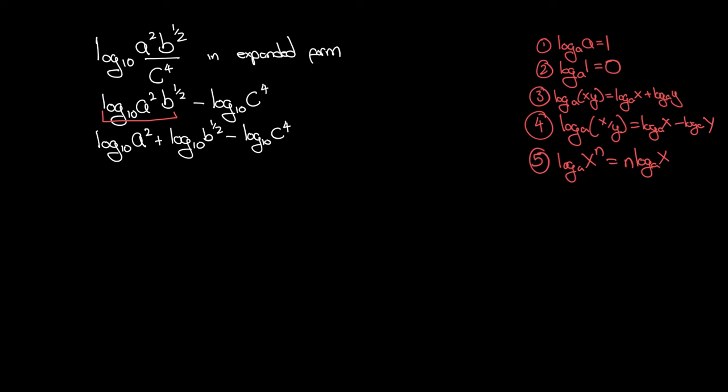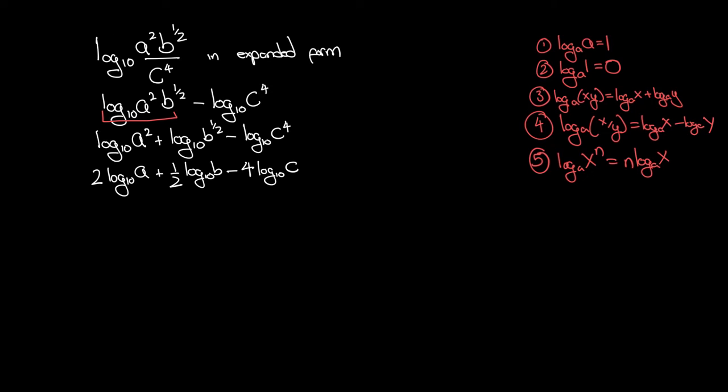We can still keep going using rule number 5. This is going to end up being 2 log base 10 of a plus 1/2 log base 10 of b minus 4 log base 10 of c.